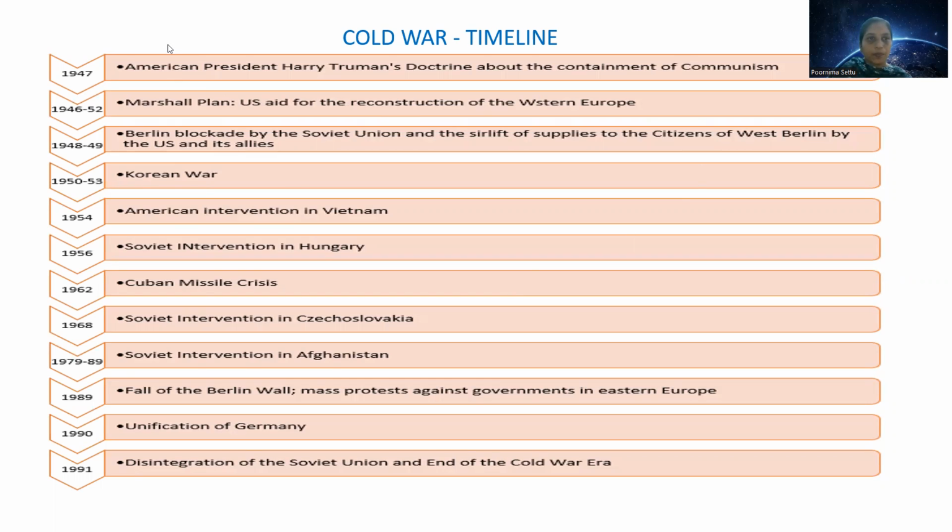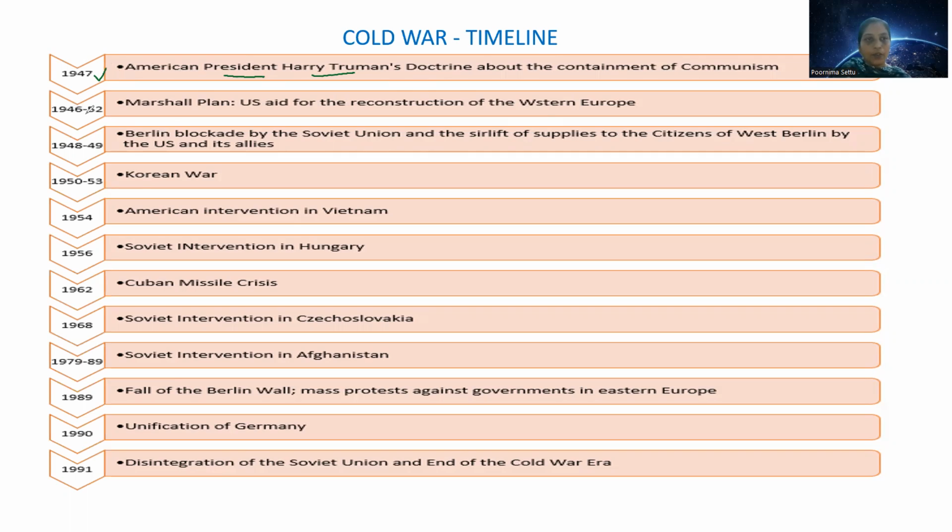Next, the Cold War timeline. We'll see in which years what incidents occurred. In 1947, there was an American president named Harry Truman, whose doctrine was about the containment of communism.